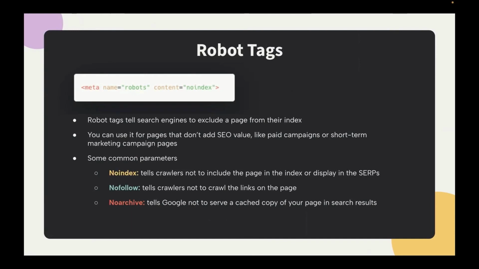So you don't want Google to index this page and then in the future lead to a 404 page. Some common parameters you can put here are noindex, which tells the crawler not to include the page in the index and the search results; nofollow, which tells the crawler not to crawl any of the links that exist on the page; and noarchive, which tells Google not to serve a cached copy of your page in the search results.